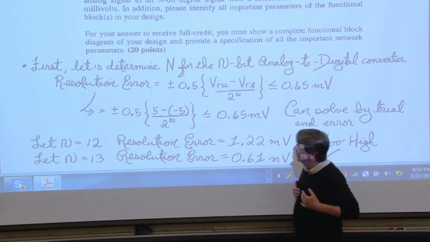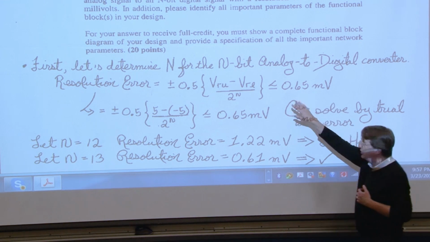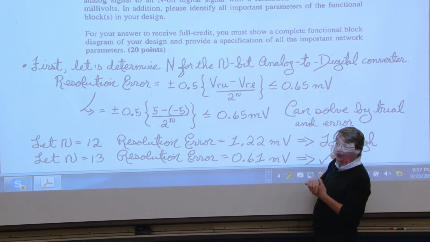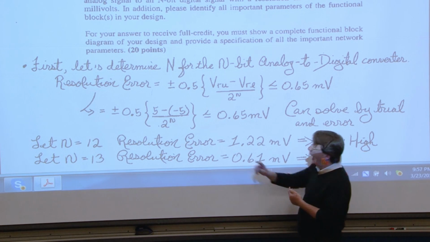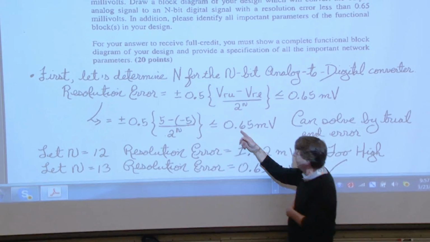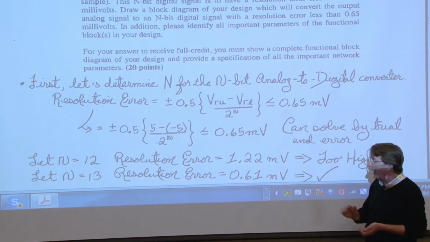I say, good. So we're to pick n such that this left-hand side is less than 0.65 millivolts. I know the upper voltage is 5, the lower is minus 5. So I have to make that less than 0.65 millivolts. You can use logs, you can do trial and error.